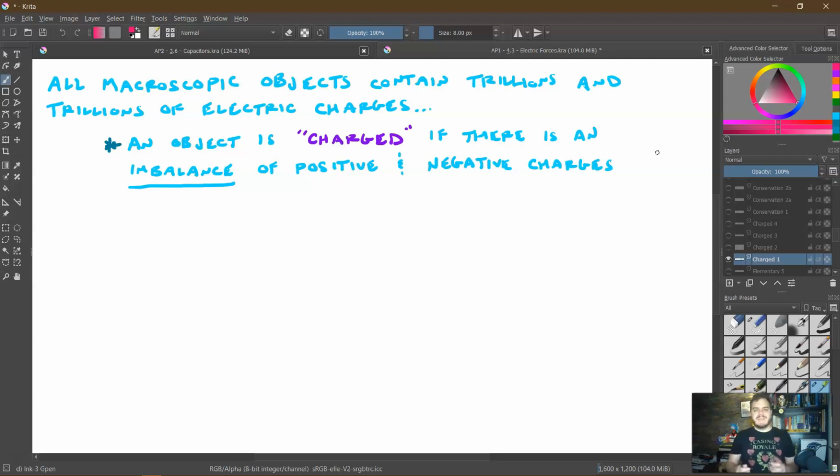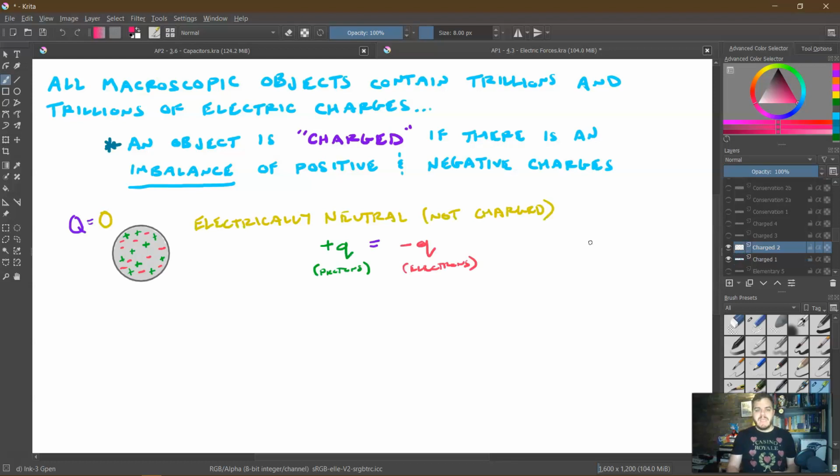So an object is charged if there is an imbalance of positive and negative charges. It's always going to have both, but if there is one that's more than the other, then we consider it to be charged. So, for instance, if we have a perfectly even amount of protons and electrons, well then we would say that is electrically neutral or not charged.